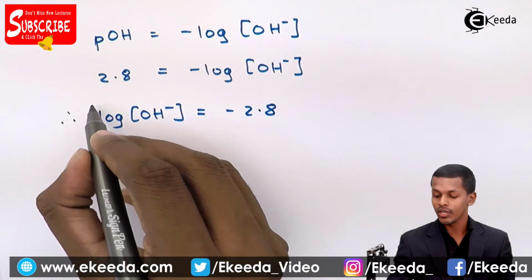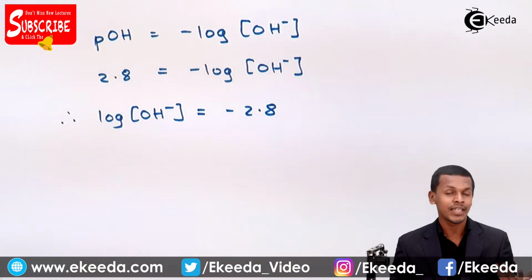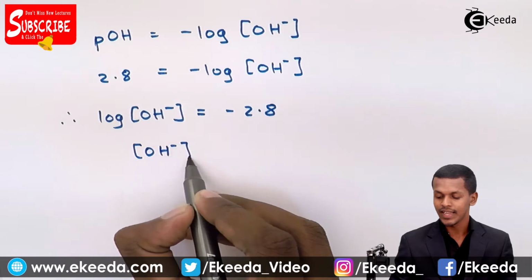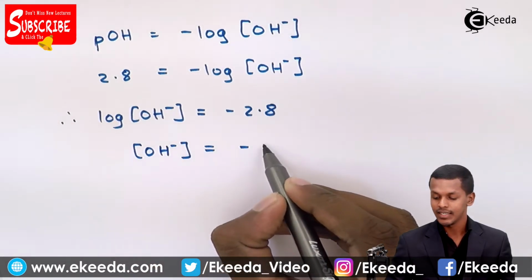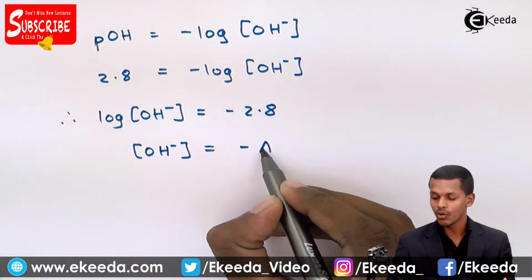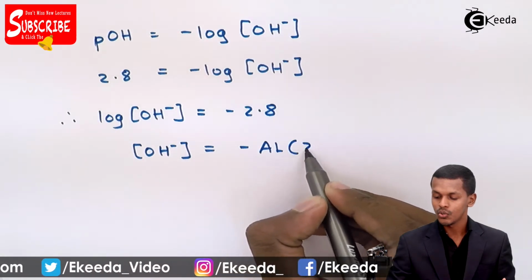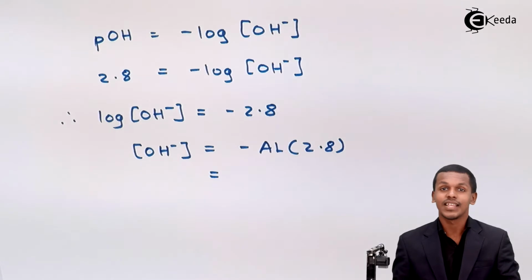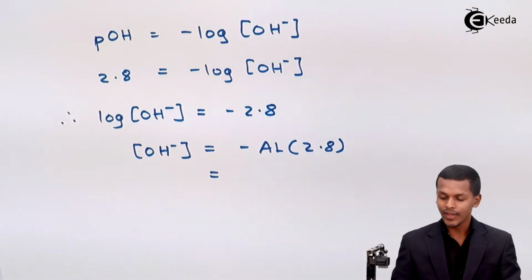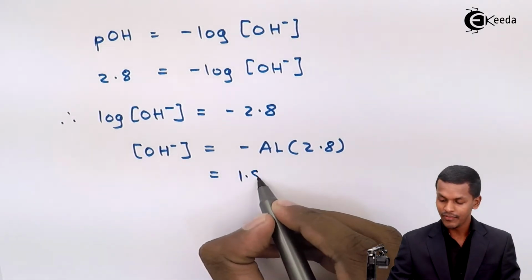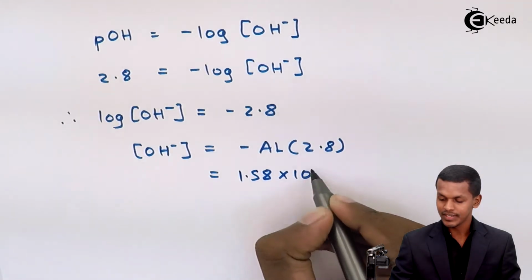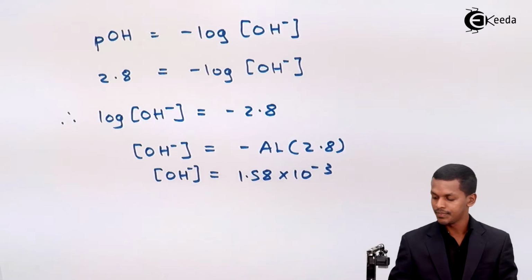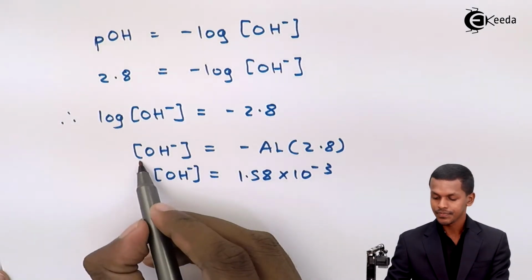But when the log moves over there, it turns into an anti-log, so the OH minus concentration is the anti-log of minus 2.8. Let us calculate this and see the answer. We have got a value of 1.58 into 10 raised to minus 3. This is the concentration of OH minus ion.